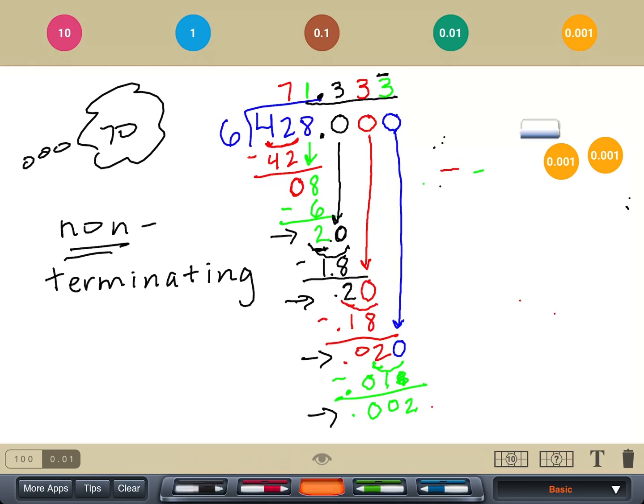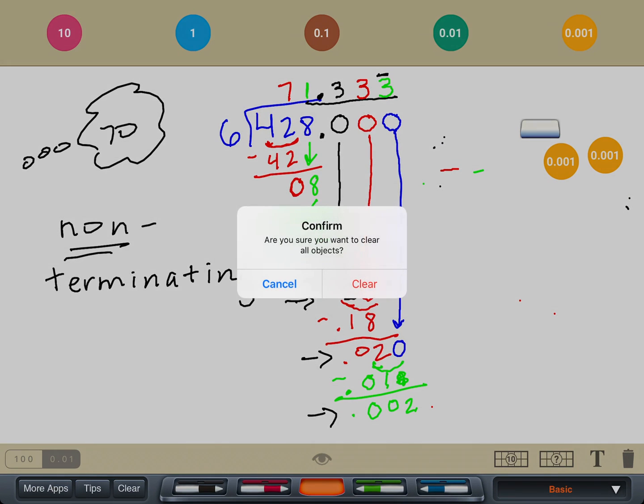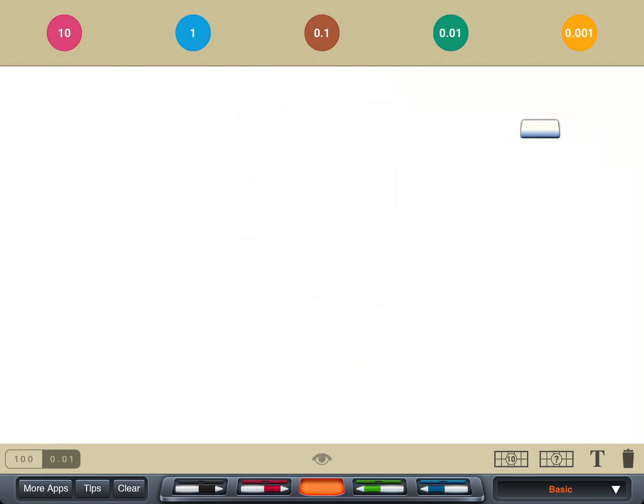Now I would like for you to pause and you try. I would like for you to open your textbook, and I want you to do page 59. I would like for you to do number 18.